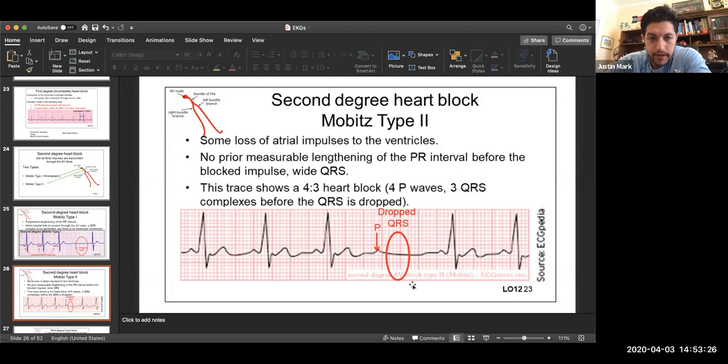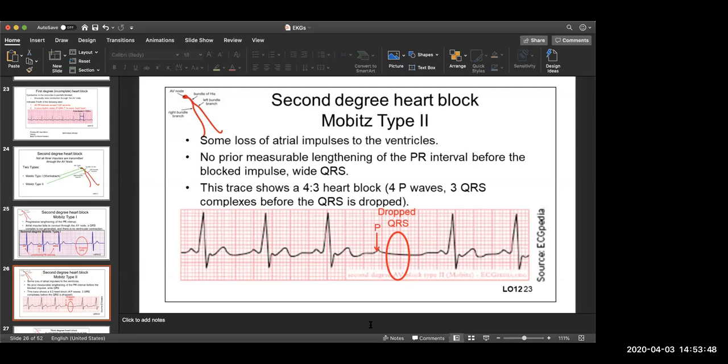But the huge difference is that in Mobitz type 2, the PR interval is consistent all throughout. So we do not have any lengthening of the PR interval, but we still have a drop of the QRS complex.